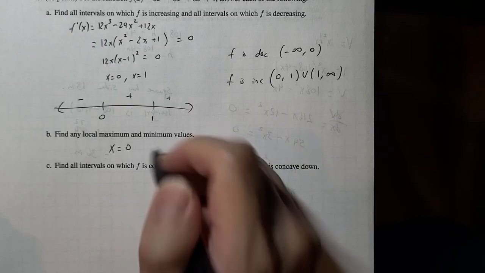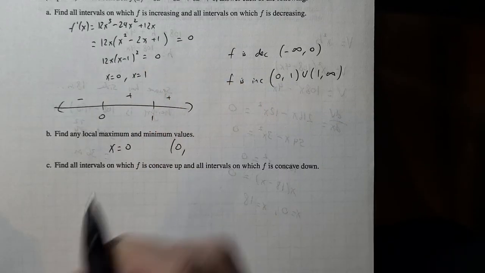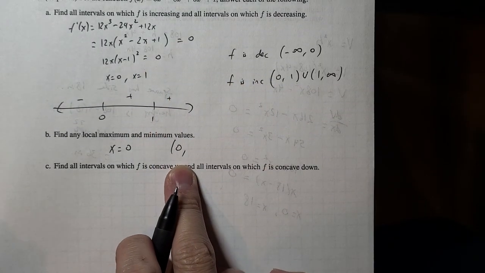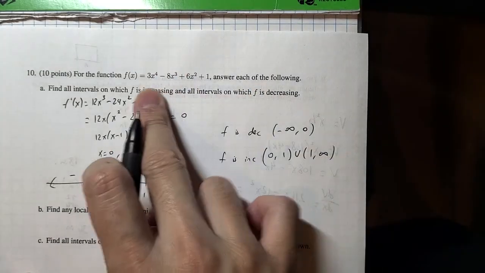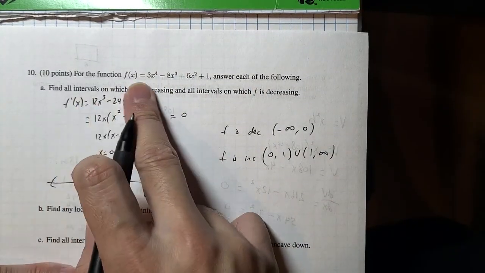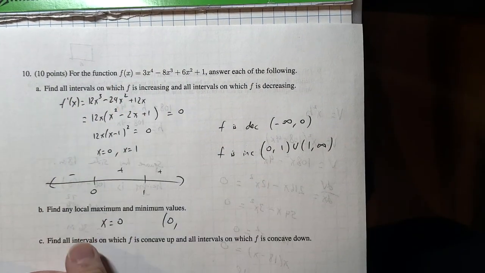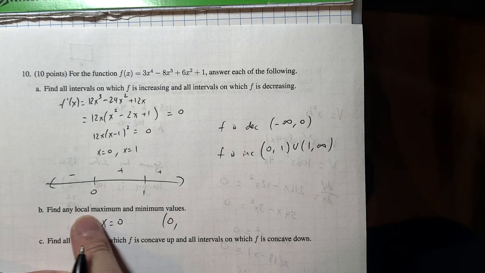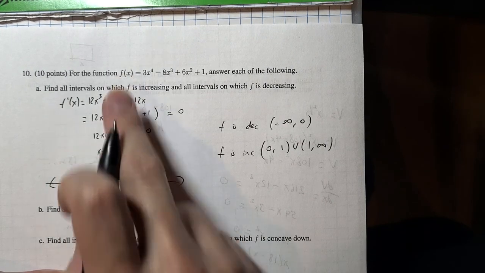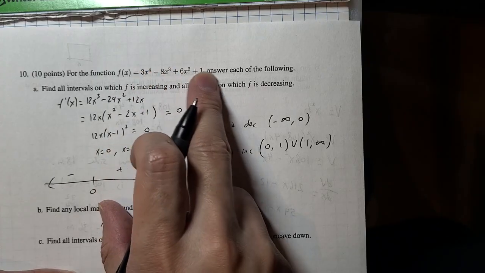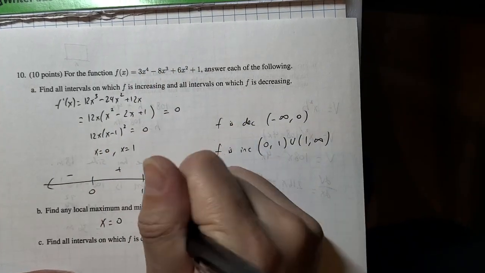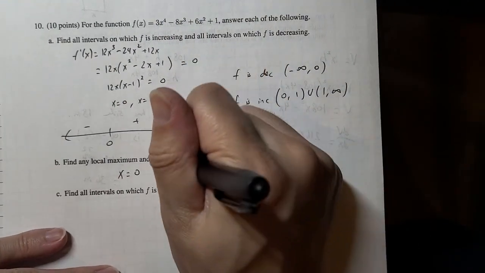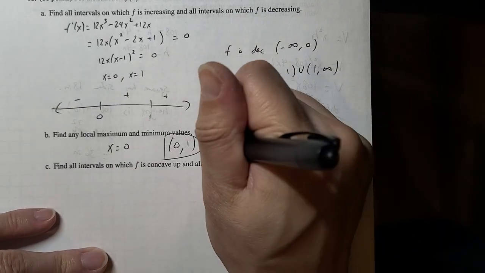The value would be, let's write it as a coordinate, 0 comma, what's the y value? We plug it back into here. Don't plug it into f prime. Plug it in here, because this is asking for the local max and min of f. It will be 1. Okay. This is a min.